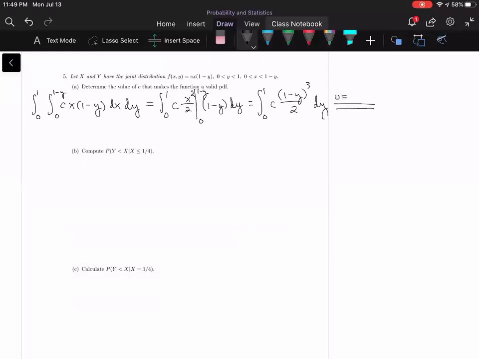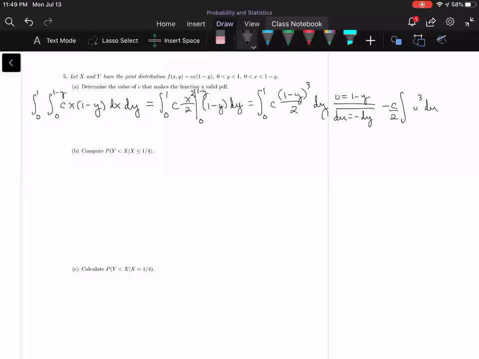So I'm going to let u be 1 minus y, which means that du is negative dy. So this integral is equal to negative c over 2 times the integral of u cubed du. If you're not sure where all this came from, u is 1 minus y, so I subbed in u for that and got the u cubed.